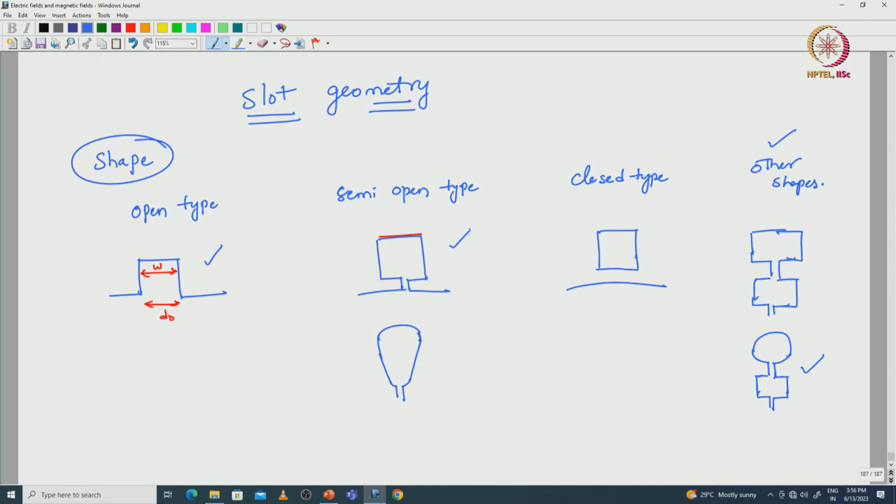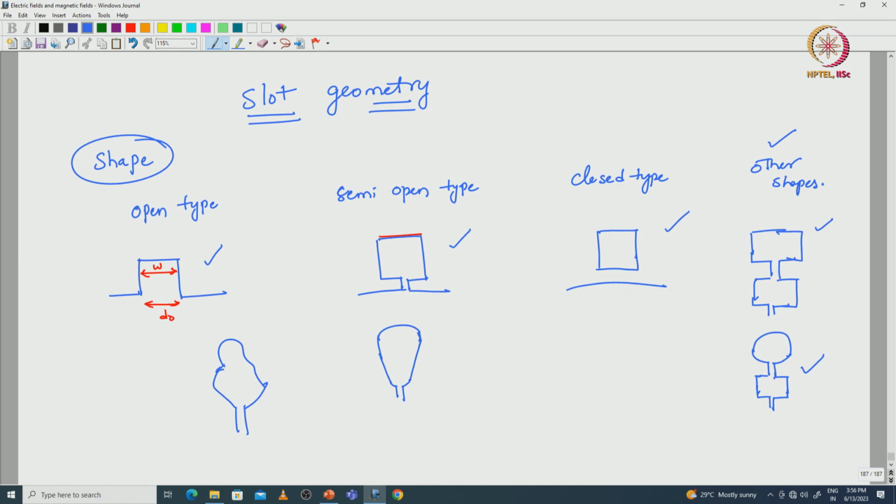Semi open type of slots we will see in the stator structure for induction machine as well as synchronous machine, and closed type of slots for squirrel cage rotor and double cage rotor for induction machine we will see in this kind of shapes. So, how to select the shape of the slot we will discuss now. These are the basic shapes, and if it requires any other random shape also we can select it, depending upon the requirements or the application.